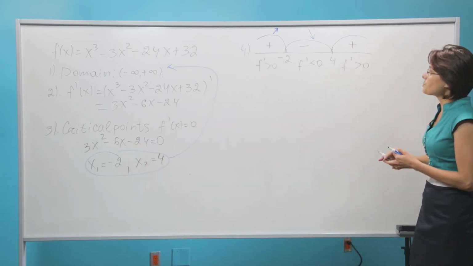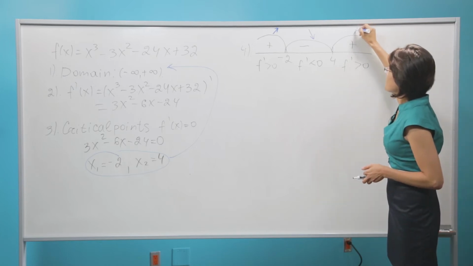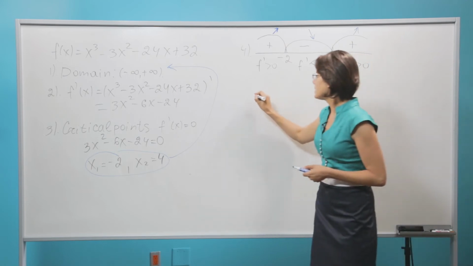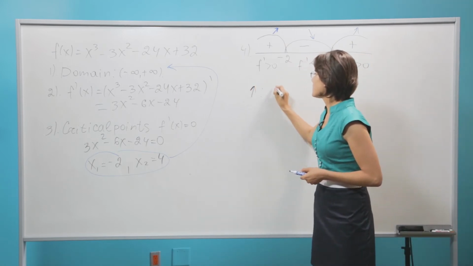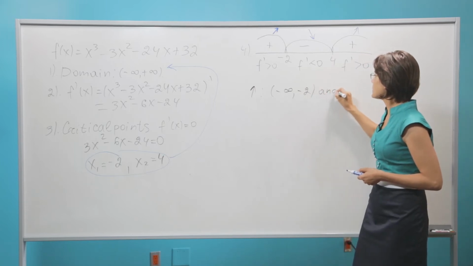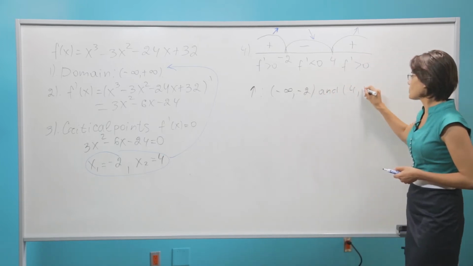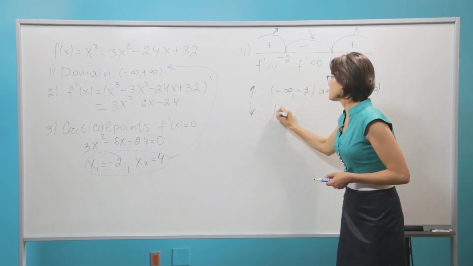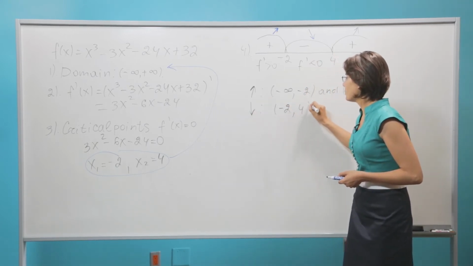Since the first derivative is positive, the function is increasing. So we can say that the function is increasing on the intervals negative infinity to minus 2 and 4 to positive infinity, and the function is decreasing on the interval minus 2 to 4.